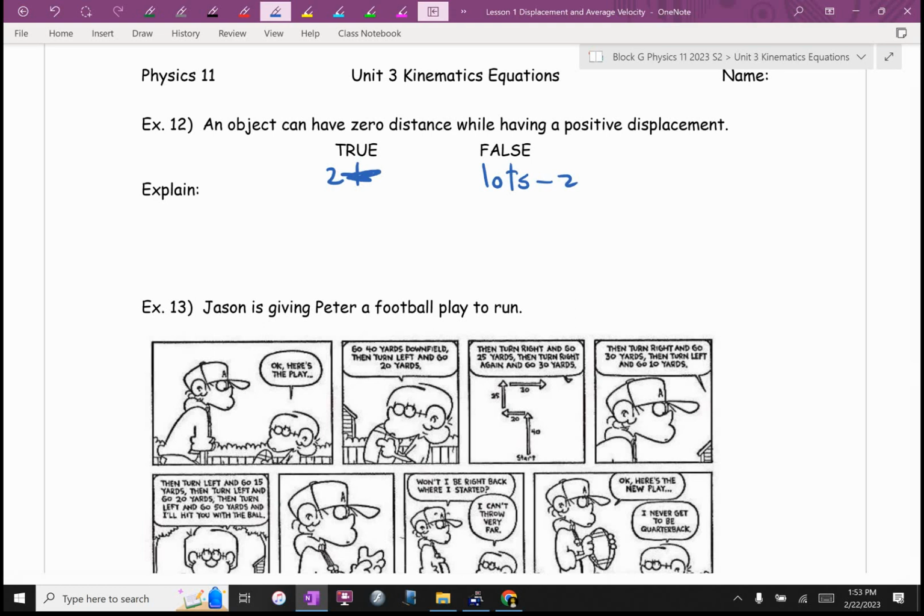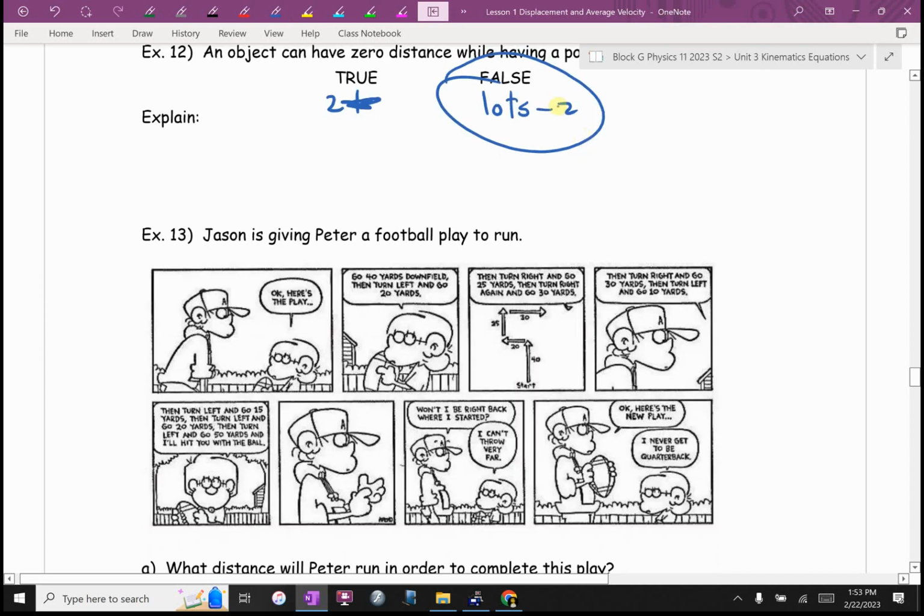If your displacement is positive, that means your position has changed, but you haven't taken any steps. Is that possible? If your distance is 0, it means you haven't moved at all, so you can't have changed your position.